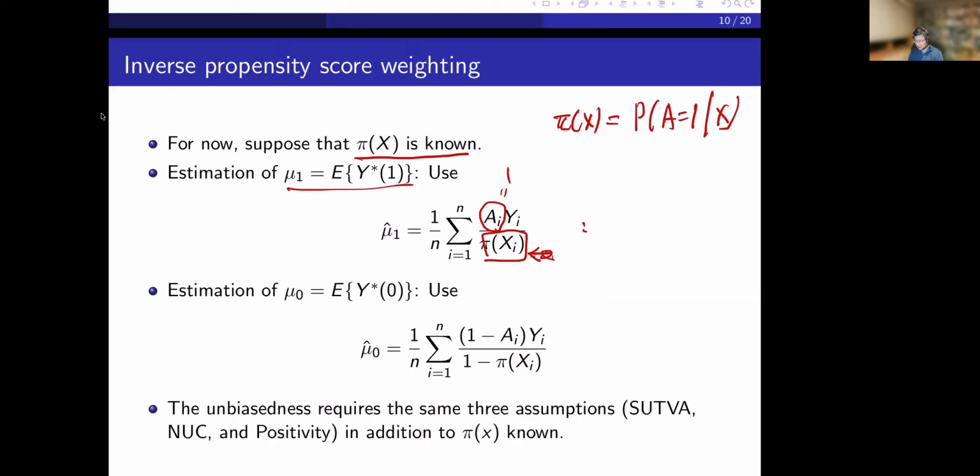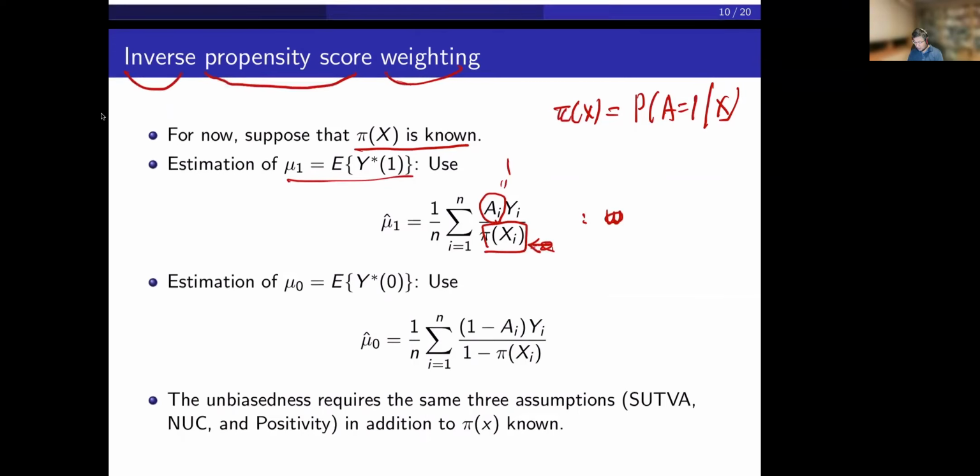So that's why it is called inverse propensity score weighting. Weighting means we have 1 over pi as a weight, and the inverse means that we have an inverse. And pi(x) is the propensity score. So that is why we call it inverse propensity score weighting.